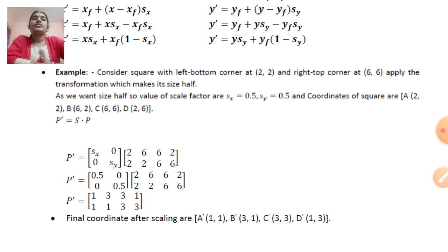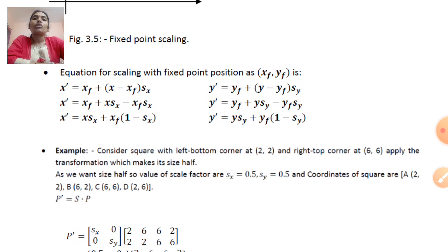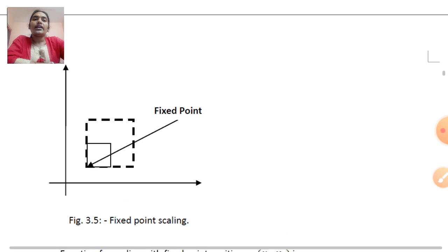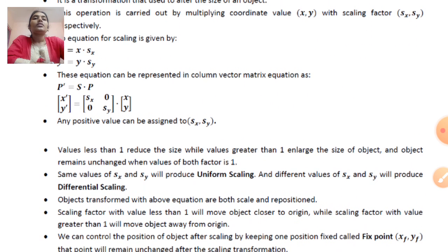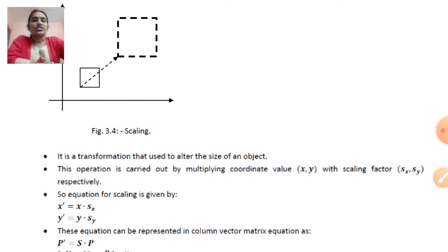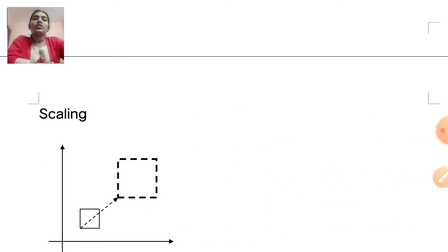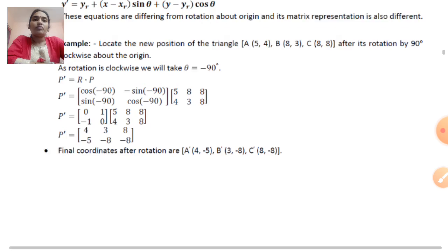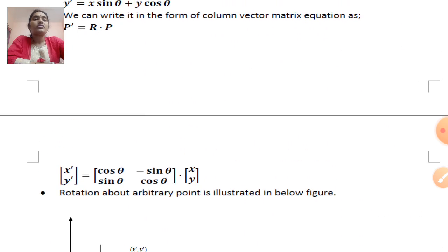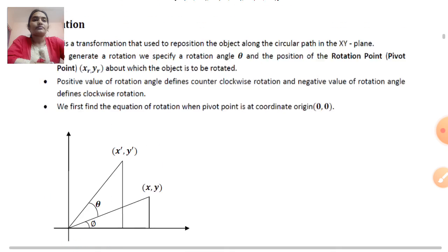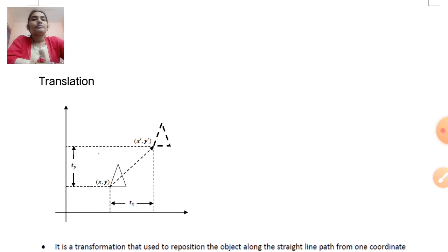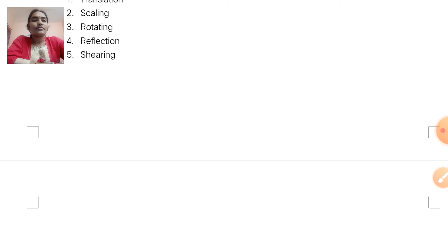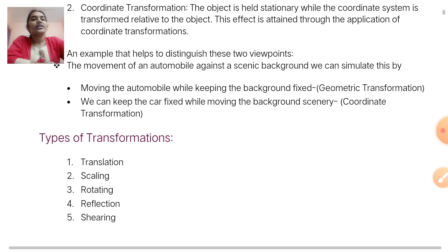In the scaling transformation, the object will either enlarge or reduce, that means the size will change. And in rotation, we rotate the object by different angles. So these are the basic transformations: translation, scaling and rotation.